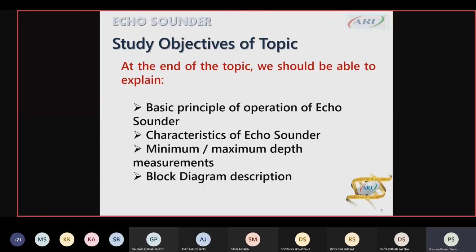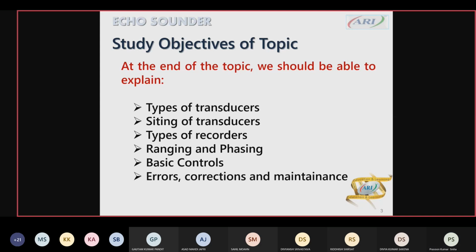So as we have said, we'll be talking about the basic principle, which we have already done. Characteristics, minimum maximum depth measurements, वो भी देख लिया. Block diagram, that also we have seen so far. Next we'll be picking up types of transducer. Then setting of transducer, कहाँ पे लगाएं उसको? Forward में, aft में, center में, कहाँ पे लगाएं? So few considerations about that.